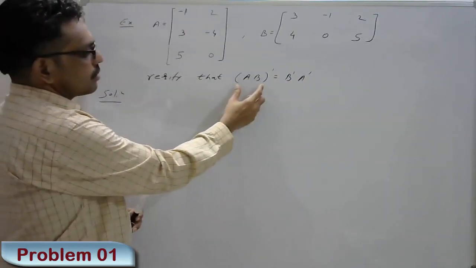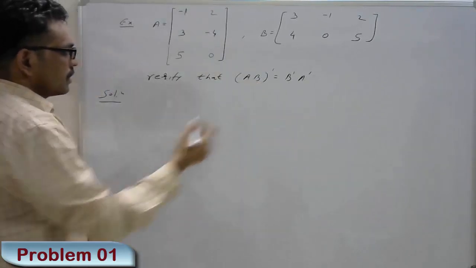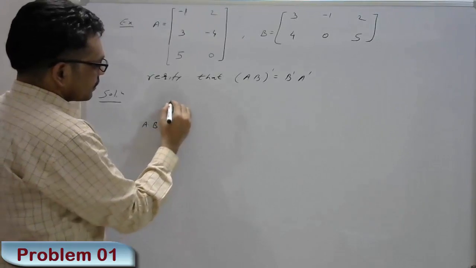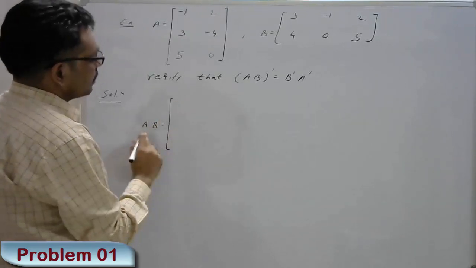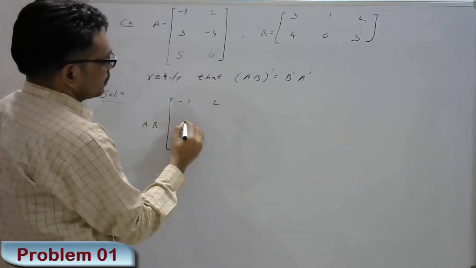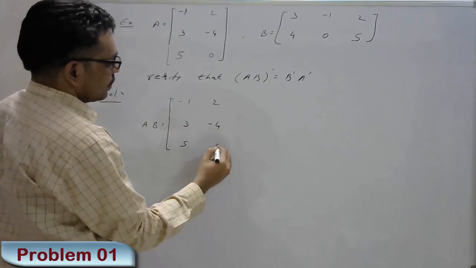First, we have to find the product of the two matrices. Therefore, the product of A and B, the first matrix A is -1, 2, 3, -4, -5, 0.